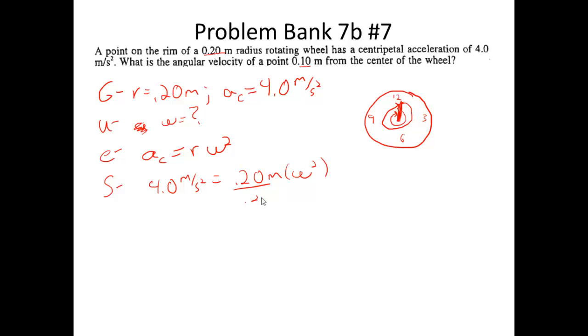Divided by 0.2, divided by 0.2, 4 divided by 0.2 is going to be 20 radians per second squared. And then as we take the square root of that, we see that omega is equal to 4.5 radians per second.